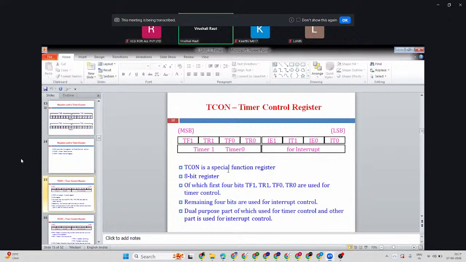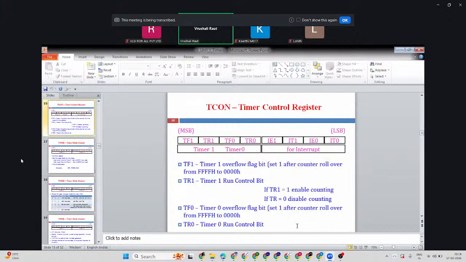So TCON is an SFR, an 8-bit register of which the first 4 bits, that is TF1, TR1, TF0, TR0, are used for timer control. The remaining 4 bits are for interrupt control. It is dual purpose: one part is used for timer control and the other part is used for interrupt control. Very clear. TCON, and at present we are going for timer control.